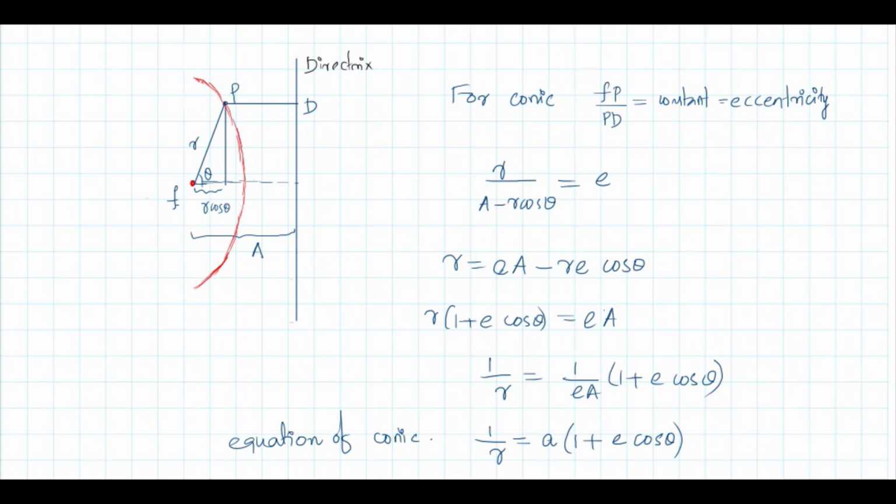So r divided by a minus r cos theta equals eccentricity E. So r is equal to Ea minus r into E cos theta. Take this to the left hand side. r into 1 plus E cos theta equals Ea. So 1 by r is equal to 1 by Ea into 1 plus E cos theta. So we can write this as 1 by r is equal to some constant into 1 plus E cos theta.